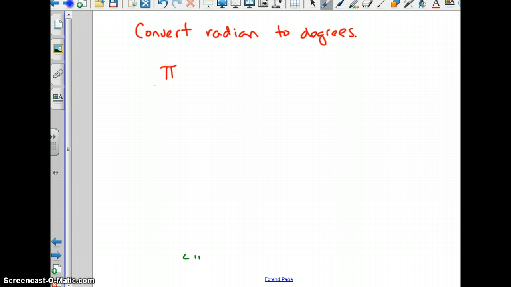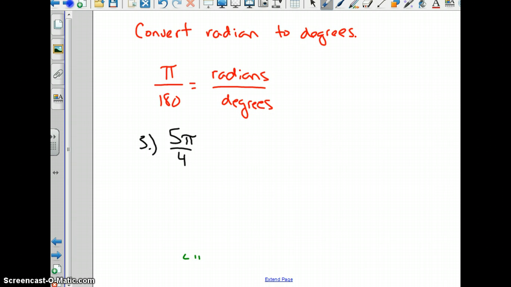We know that pi over 180 is equal to our radians over degrees. So the same thing, let's say we want to change 5 pi over 4. And so that is what we're going to convert now. So our problem here, number 3, we want to convert 5 pi over 4 to degrees.